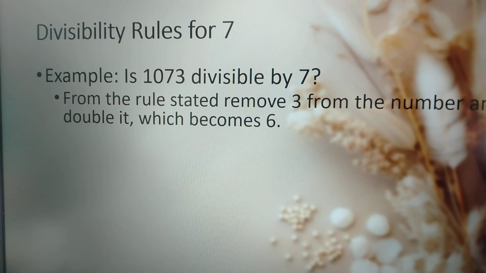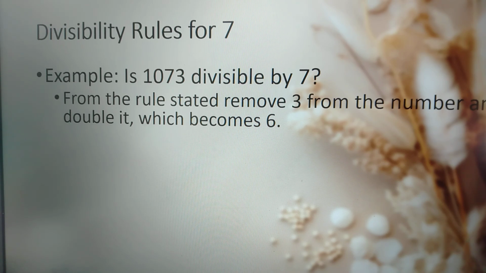The divisibility rule for the number 7. We take the last digit, multiply it by 2, then subtract it from the remaining number. Let's say, for example, 1073. We take 3 and multiply it by 2, so that becomes 6.